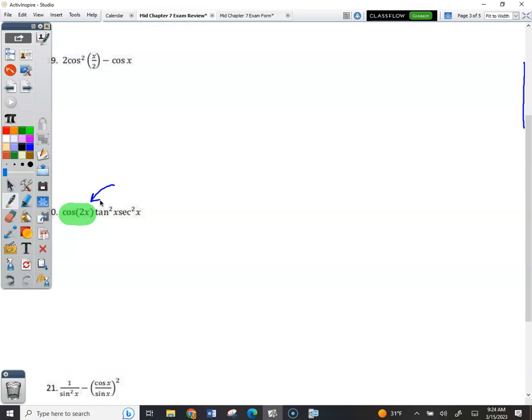I worked all three so that you could see, depending on which way you go, what you should get. Remember though, this is just simplifying. So your answer, depending on the route you went, may be different than your neighbor if they went a different route. But all three of my possible routes are answered on here completely.